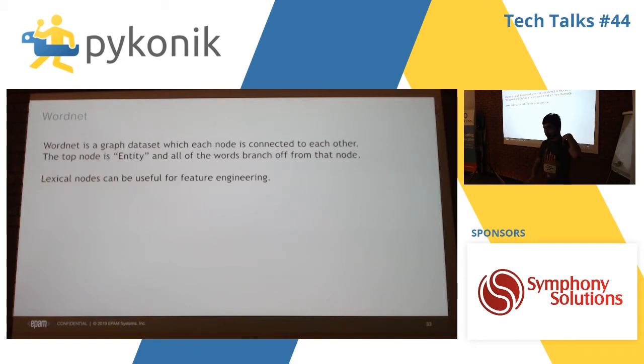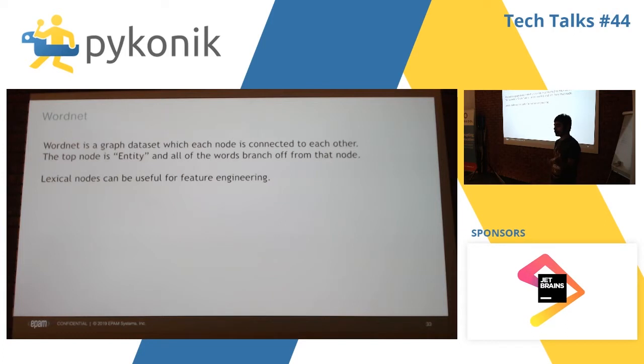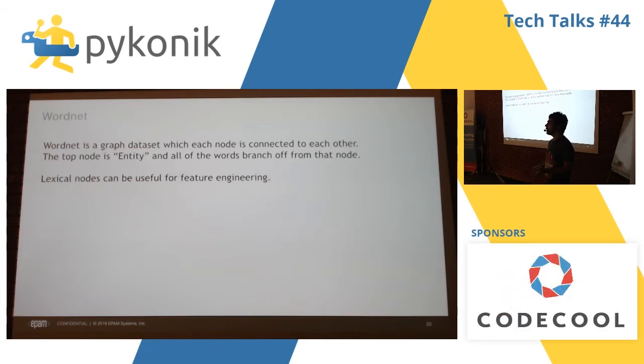Lexical nodes can be useful for feature engineering: you can make an assumption that if a word is related with fruits, for instance, and it also has something related with fruits, this should be labeled under that label.